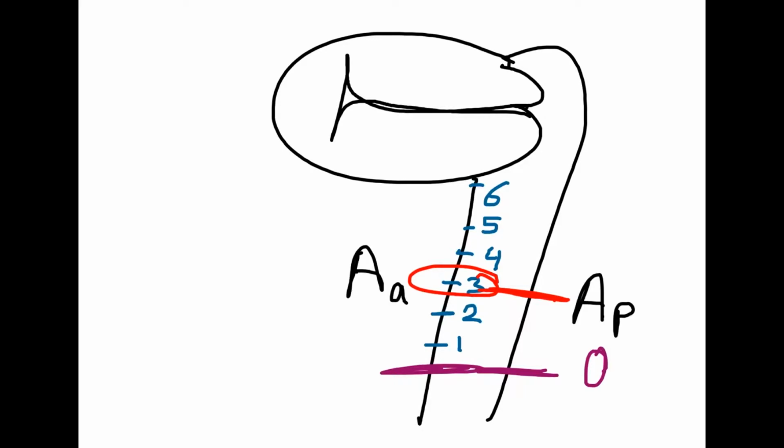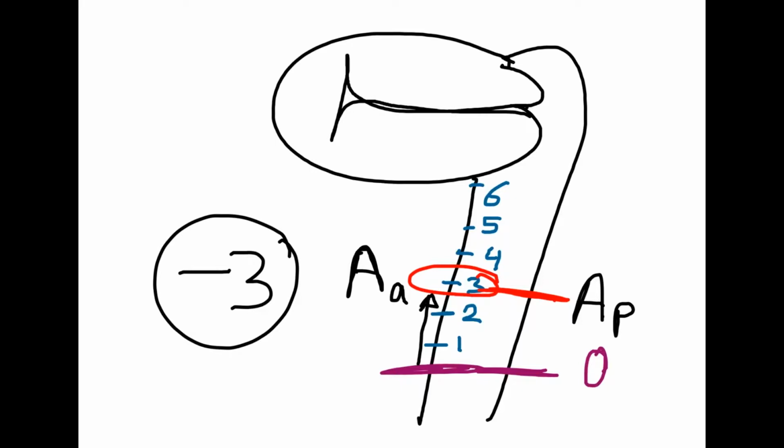So where normally we find point A, it's placed 3 centimeters proximal to the hymen, or we can refer to it as -3. So point A is normally located at -3, and it is a fixed place in the vaginal wall.